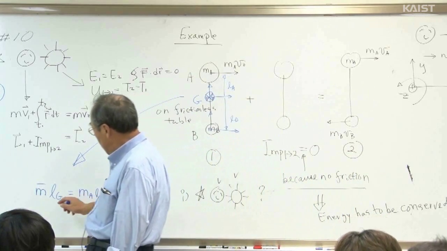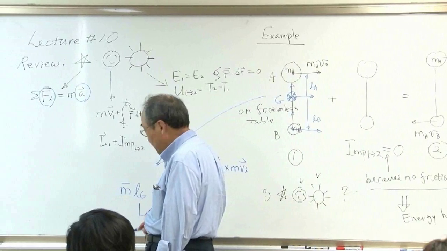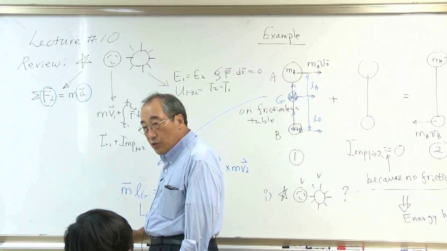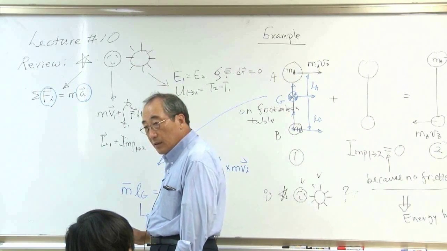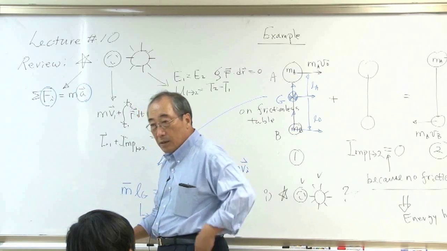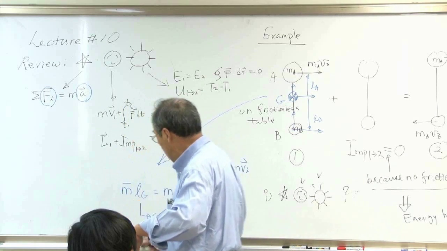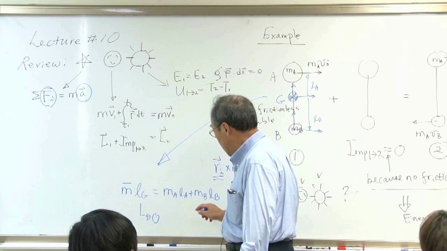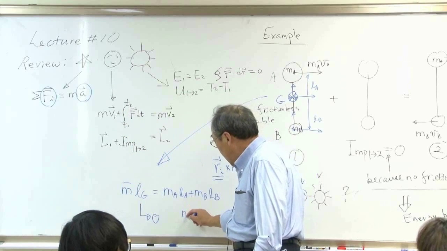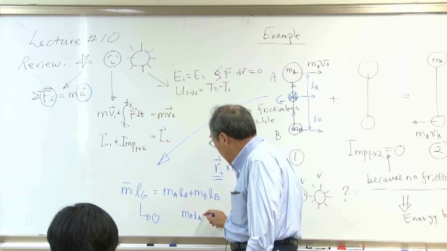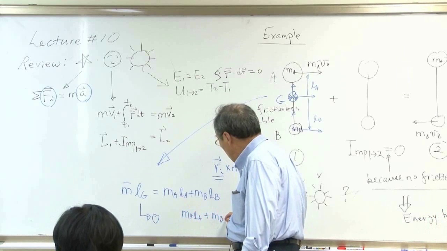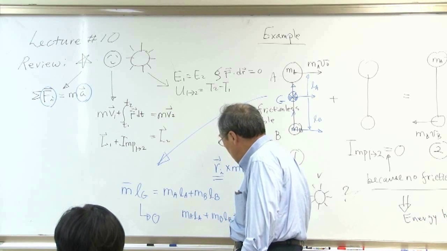Okay, this has to be 0 if I use the coordinate I select. Okay, he said yes. I will follow his reasoning. So that means M_A L_A plus M_B L_B should be 0.